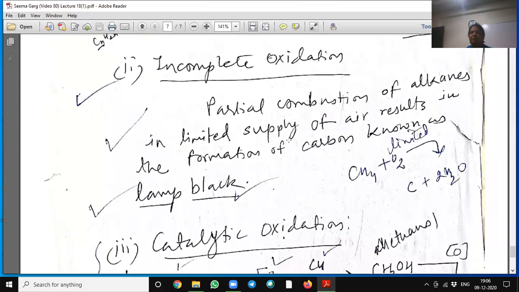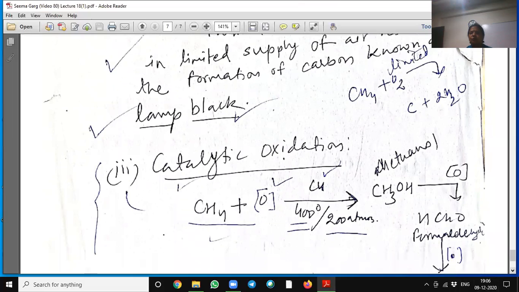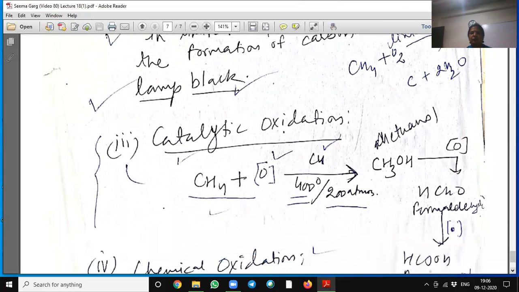Incomplete oxidation, partial combustion of alkanes in limited supply of air results in the formation of carbon known as lamp black. जैसा कि हमें देखने को मिलता है घर में, कई बार आप देखते हैं कि गैस सही ढंग से नहीं चलती होती है तो ब्लैक होने लगता है.